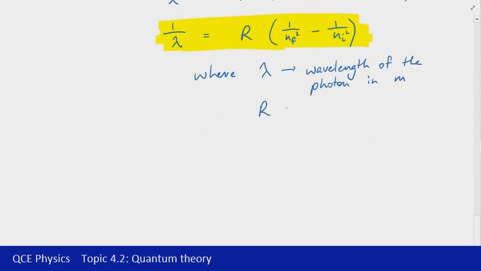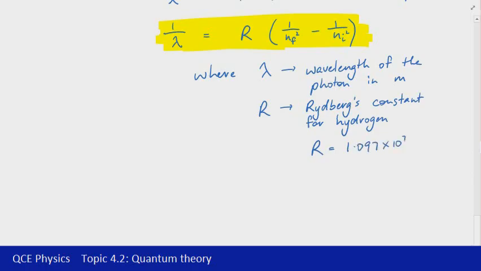The value of R is known as Rydberg's constant. So that's named after the person who discovered this relationship and how it applied to the hydrogen atom. Note that it is specific to hydrogen, given that we used E1 for hydrogen, and that value of R, as we saw in the equation above, is 1.097 by 10 to the 7, and the units are per meter.